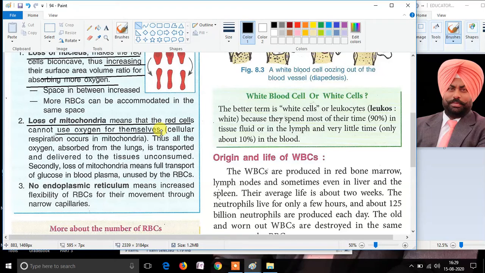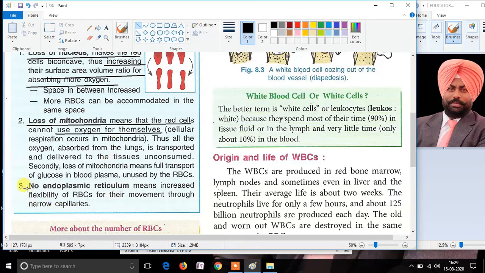Since red blood cells are not having mitochondria in them, therefore they don't use oxygen and they only help in transporting the oxygen molecules from the lungs to the various parts of the body.